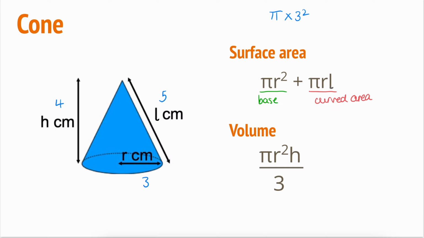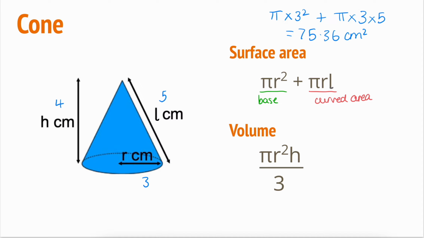And then we're going to add to that the curved area, which is pi times by the radius, which is 3, and times by the length, that diagonal length, which we had was 5. So that then gives me my final answer, which is 75.36, and this is centimeters squared since it's area.